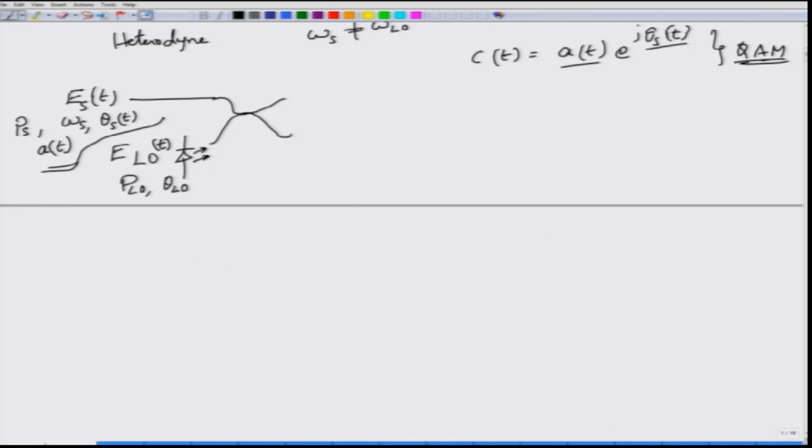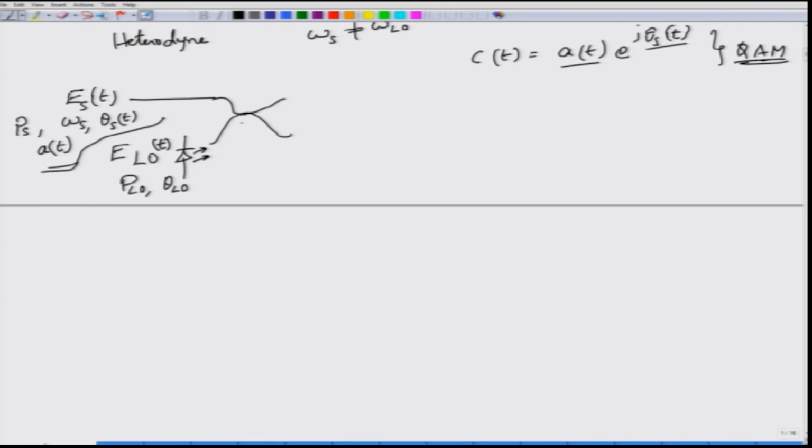This theta LO is also varying, but since this is an oscillator which is under our control, we can keep these oscillations to a minimum. In other words, we can spend a lot of money to purchase good quality local oscillators if cost is not an issue, and for long haul communication systems, it is especially important to have pure local oscillators whose phase noise is very small.